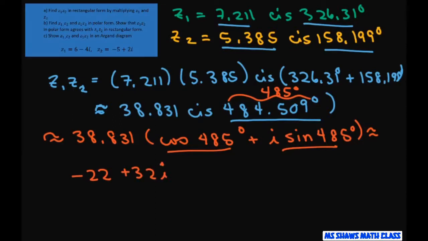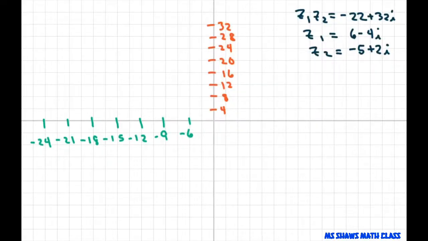All right, now let's graph this. I kind of set up my graph already to make it a little easier. Let's go black on this one. So this first one, remember, this is your real axis and this is your imaginary axis. I'm going from negative 22, which is about here, and then up to 32.